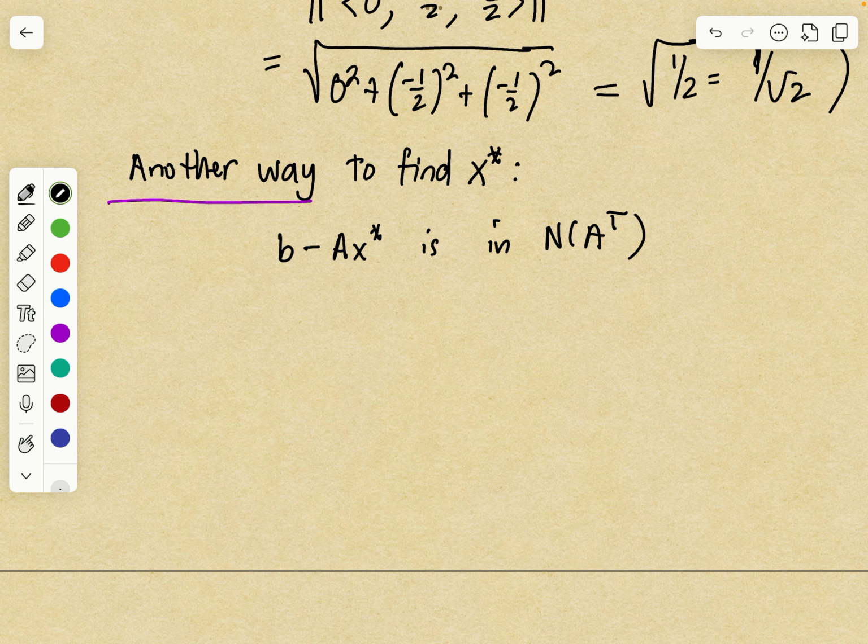And what that means is that A transpose times this vector must be what? It must be the zero vector, right? That's what the null space is. It's all the things that, when you multiply it by that matrix, go to zero.